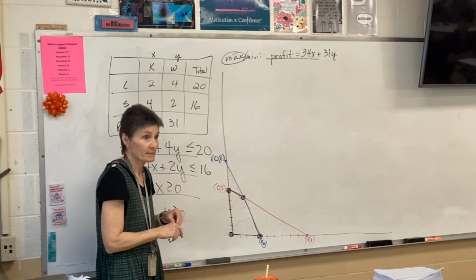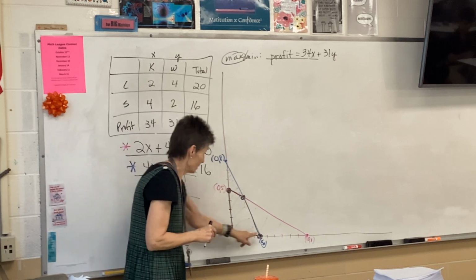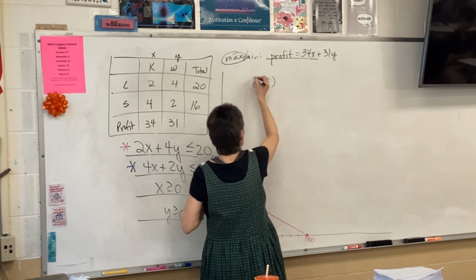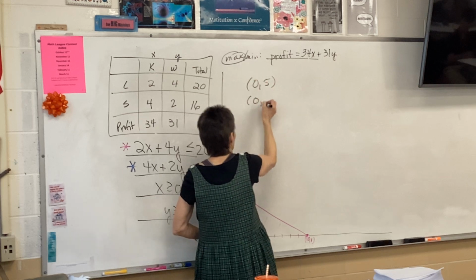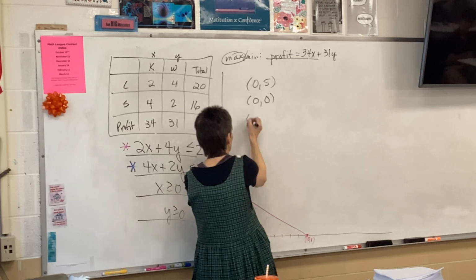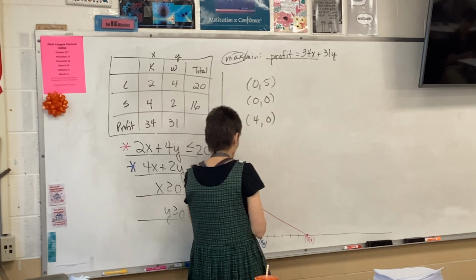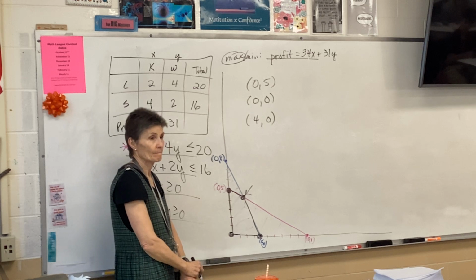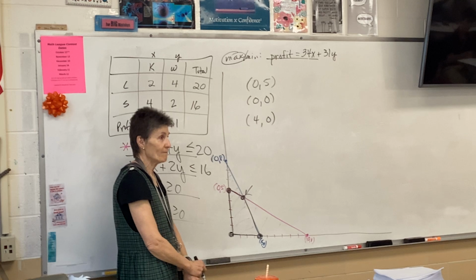I make a list of all of my black points. So (0, 5), (0, 0), (4, 0), and, uh-oh, that one. So how do I find that?